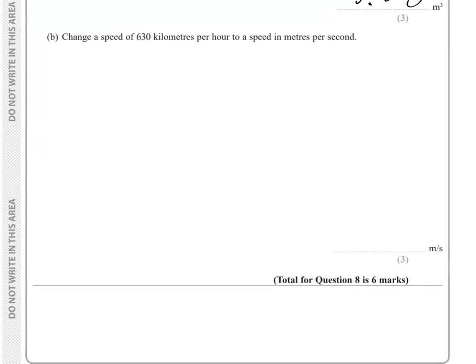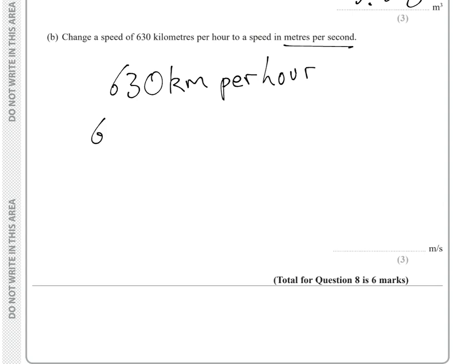Okay, change the speed of 630 kilometers per hour. So firstly, the easiest one to change is the meters. We're trying to get into meters per second. So it's 630 kilometers, there are 1,000 meters in a kilometer, so it goes 1,000 times more meters.